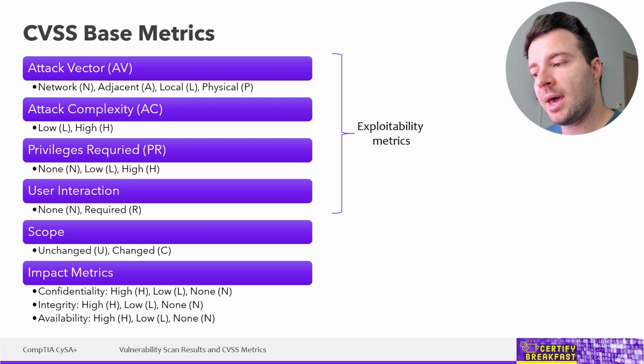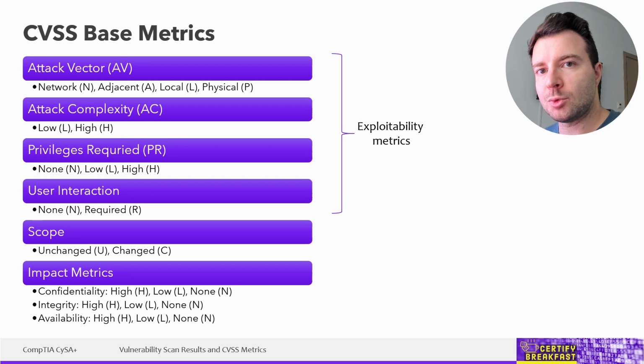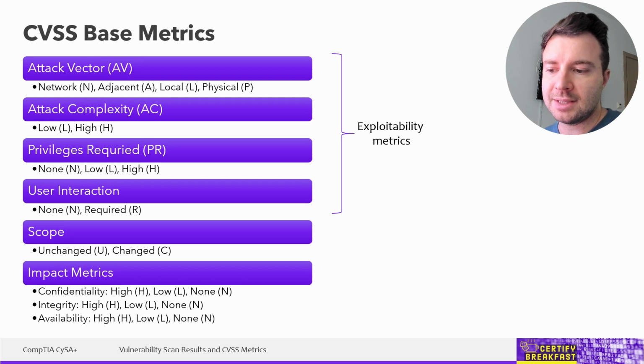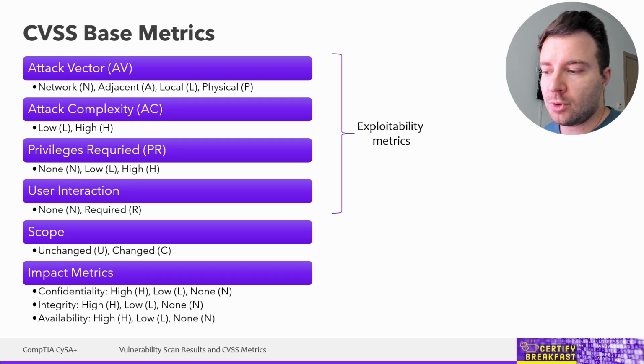A low impact is going to assume some loss of confidentiality, so perhaps we're not disclosing very sensitive information, or the attacker doesn't really have any control over what information is obtained. And of course, none is for when there is no loss of confidentiality, integrity, or availability in our network. When it comes to availability, a high metric here is going to mean a total loss of availability, so we cannot use those resources anymore.